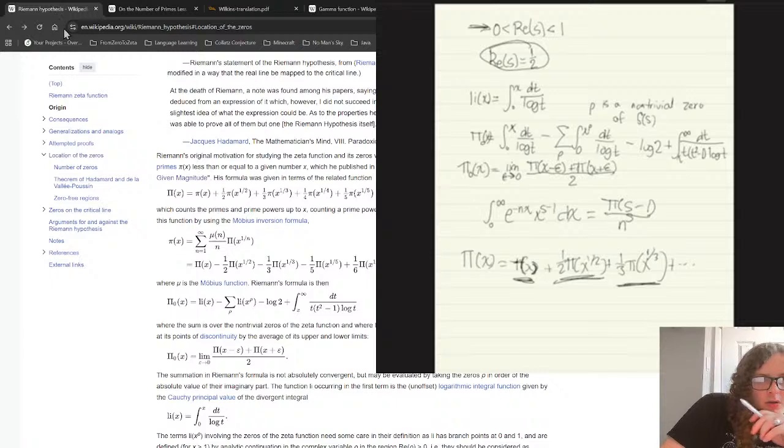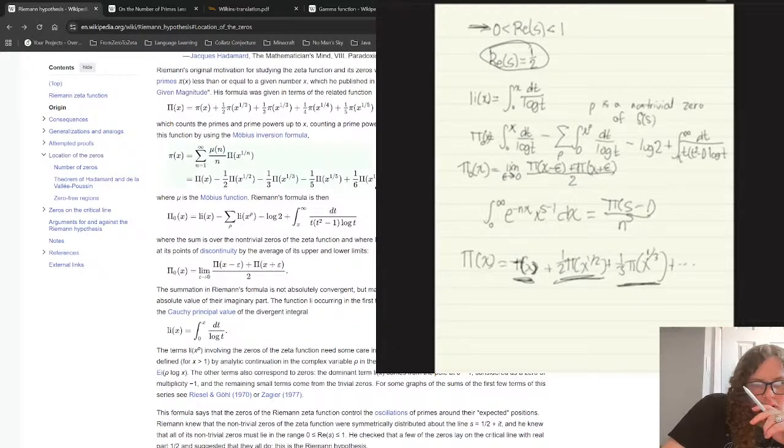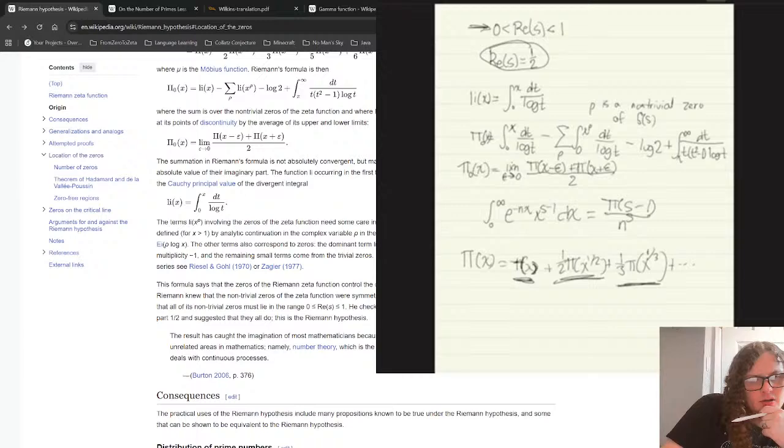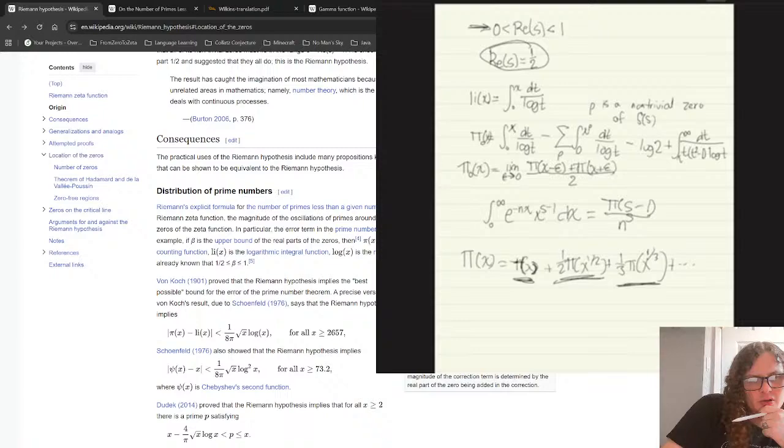But yeah, a formula was given. Okay, so yeah, I'm confused.